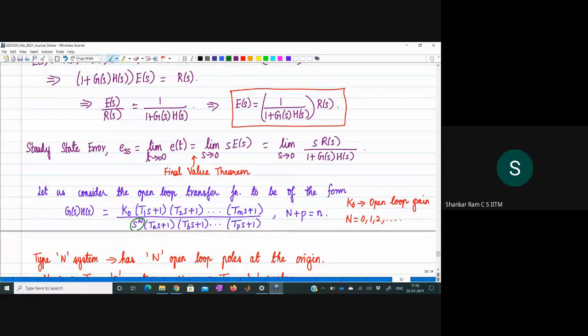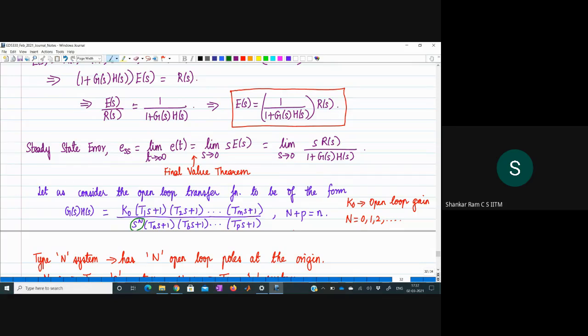So, if s power capital N is not there in the denominator, what will happen to G of s H of s if we substitute s equals 0? K0.